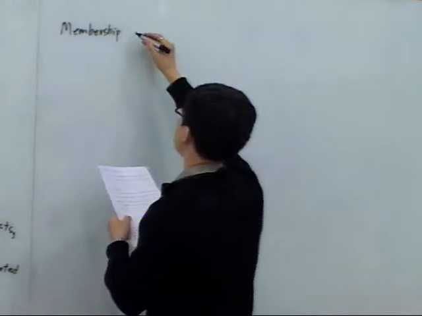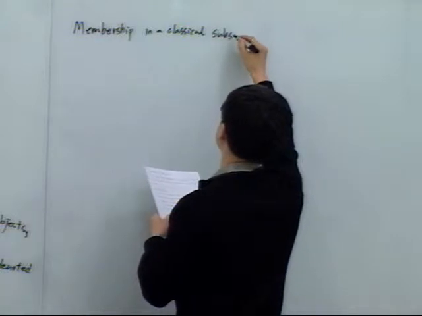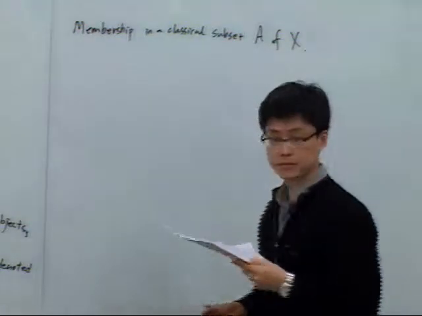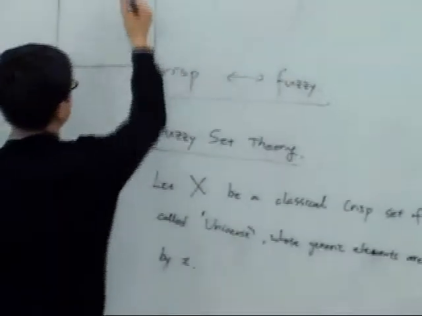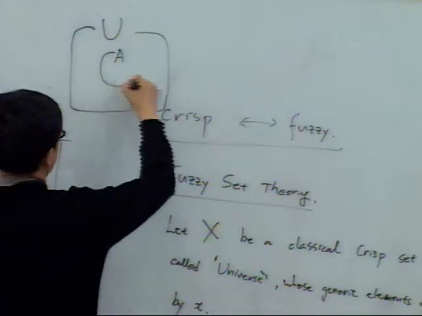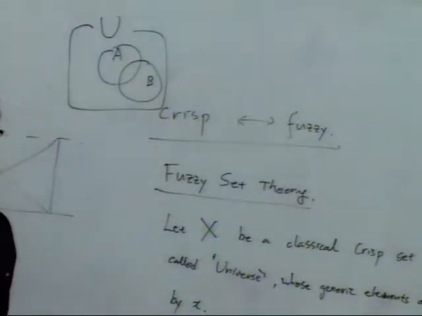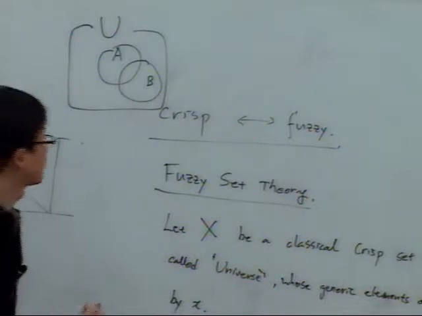Membership in a classical subset A of X. In high school mathematics, we usually use this as a U. And there is some set A or B, and we know what the union of the two sets is, and what the intersection of the two sets is, and what the complementary of the set is, right?